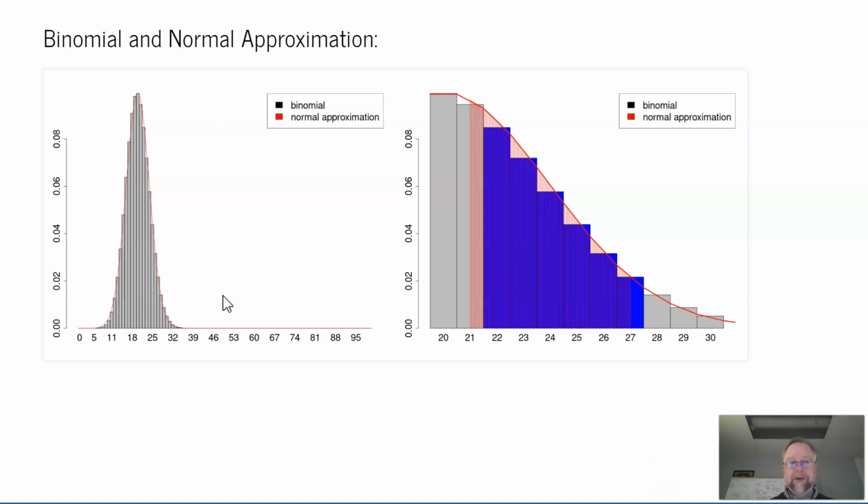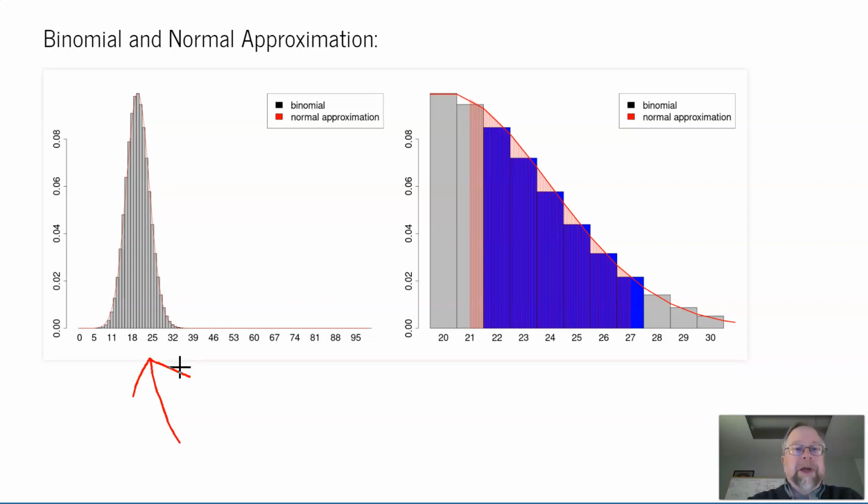So on the left panel, the pen doesn't like to draw too quickly. Sorry about that.